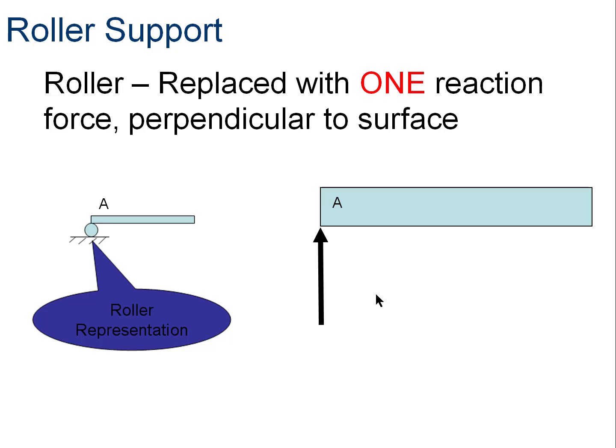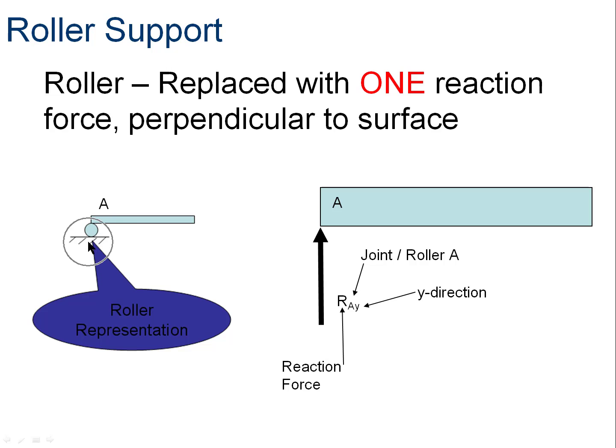But it's one reaction force perpendicular to the surface. Again, this is the reactionary force at A in the Y direction. Notice the visual representation for that reactionary force of a roller is the grounded symbol and a circle.